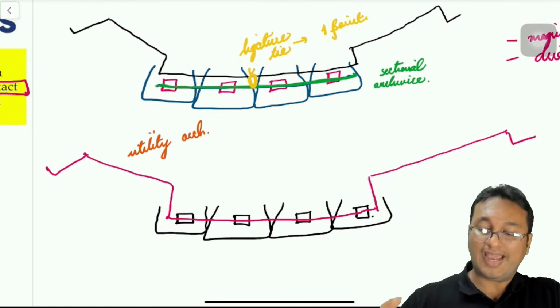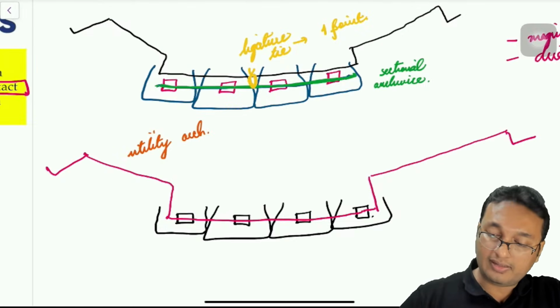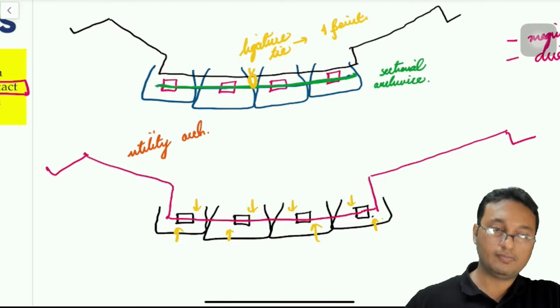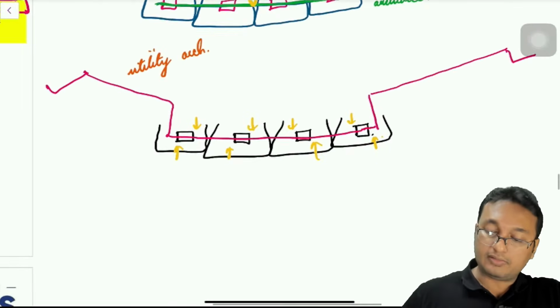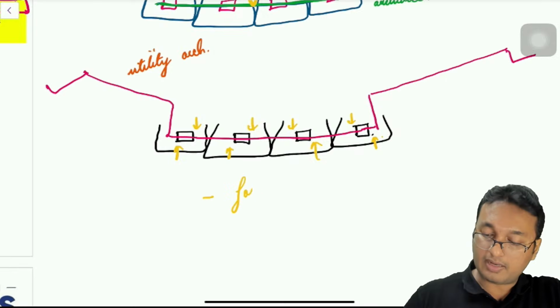So we are not tying this utility arch with the ligature tie separately. So it is contacting the brackets at multiple points. Because of multiple contacts, it is not possible for the orthodontist to determine the exact magnitude of forces.